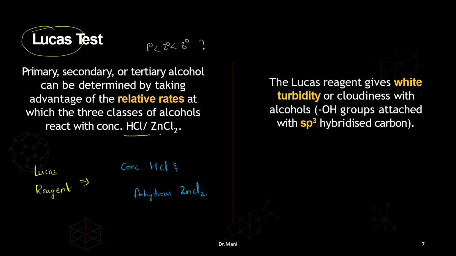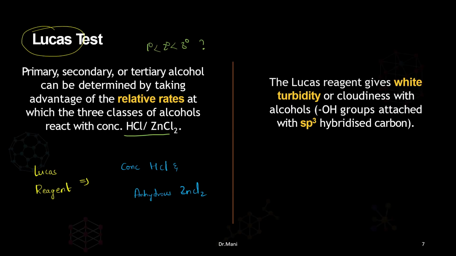One will show a very immediate reaction, the other will show somewhat good reaction, and the other one will take time. Based on that, you will differentiate whether this is a tertiary, secondary, or primary alcohol. Understood? That is how we differentiate the primary, secondary, and tertiary using the Lucas test.